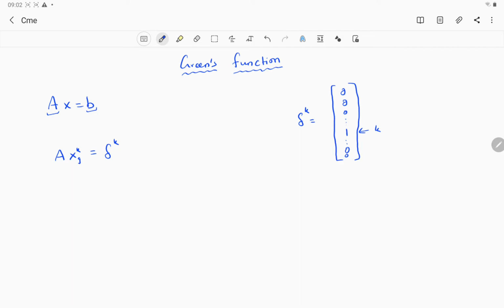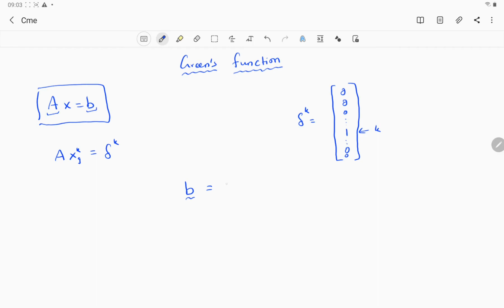But finally what I need to solve is this equation. Now the idea is, for any arbitrary b vector, I can represent that as a linear combination of this del k.